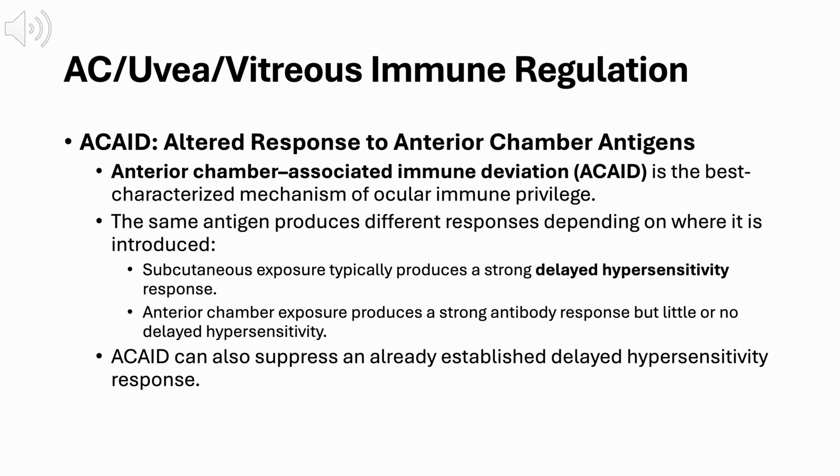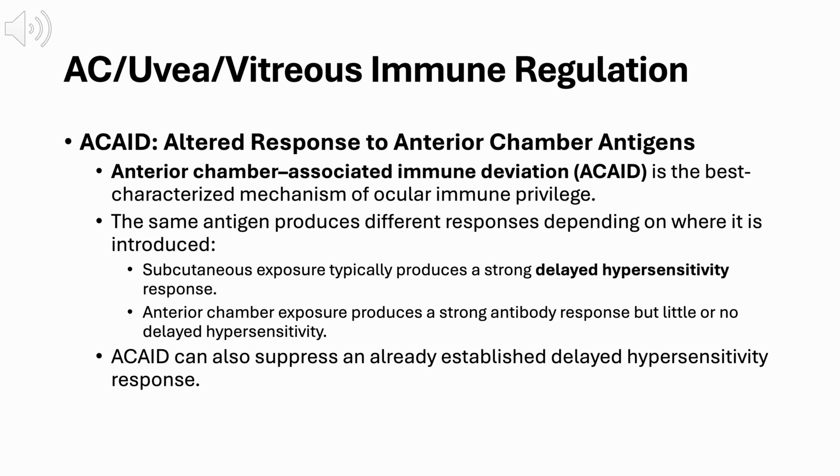Introduce an antigen subcutaneously, and you typically get a strong delayed hypersensitivity response, the classic inflammatory cell-mediated reaction. Introduce that identical antigen into the anterior chamber, and you get something deviant, a strong antibody response, but little or no delayed hypersensitivity.